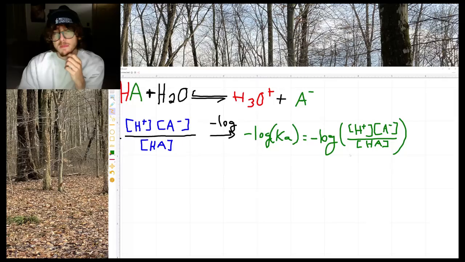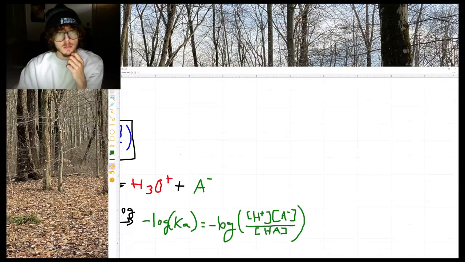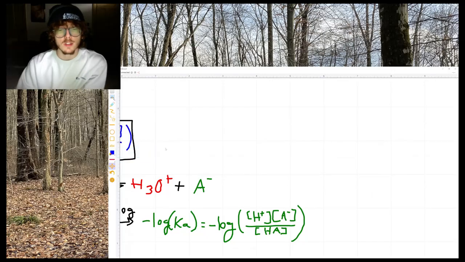It is quite simple. We're going to use log rules to explain this. So let me come up here. It's very important that you understand these log rules.